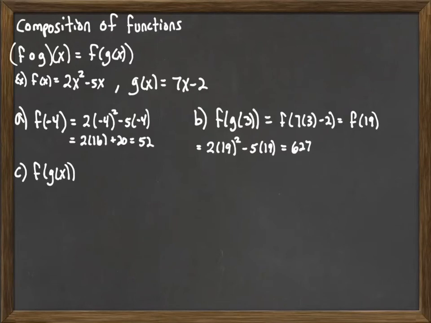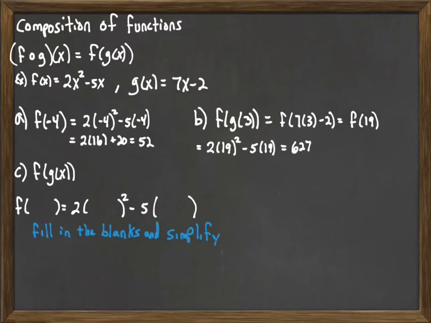So my advice, if you're having any trouble at all, is to write it down with a bunch of blanks. It's f of g of x, so write f of blank equals, and everywhere you see the variable, put a big old blank there. 2 blank squared minus 5 blank. And then what we want to do is fill in the blanks with what g of x is equal to in this case, and we simplify. So g of x is equal to 7x minus 2.